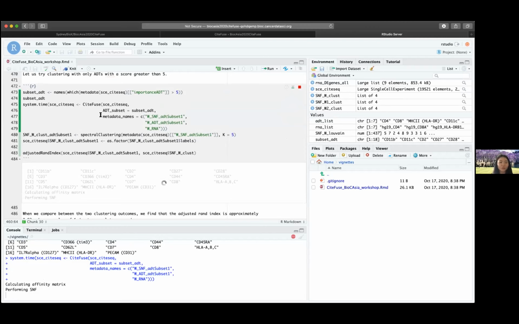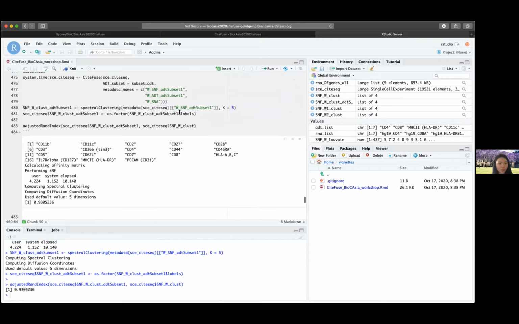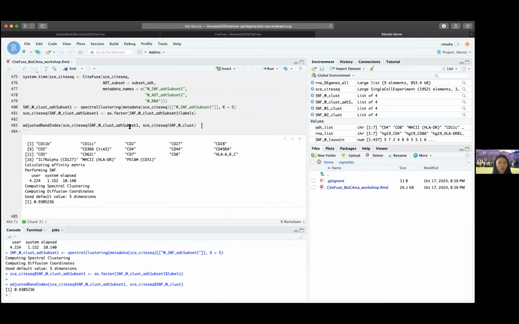So we will perform the integration and also the clustering again, filtering out the ADTs that are uninformative. We can see that compared to the original clustering results using the full set of ADTs, using a subset of ADTs still has a very high concordance in the clustering results.